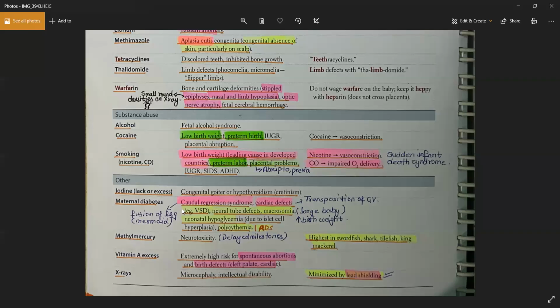Then neonatal hypoglycemia can also occur. And if you go back to the MSK part, we discussed Erb's paralysis and Klumpke's paralysis. I told you Erb's paralysis happens at the time of delivery because of lateral traction of the neck.